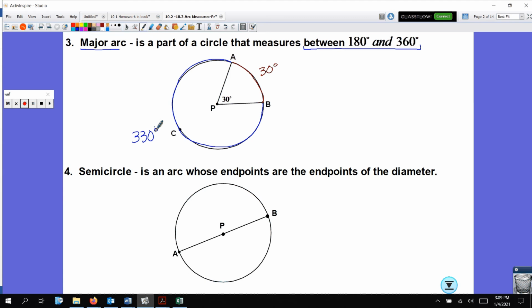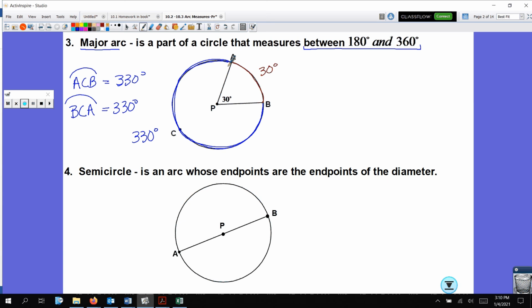So when we name a major arc, because it's so major, we're going to use three letters. It doesn't matter which way you go. I can say arc ACB, with my little arc over the top, is equal to 330 degrees, or I can say arc BCA is equal to 330 degrees. So we're just naming the blue arc for this major arc.